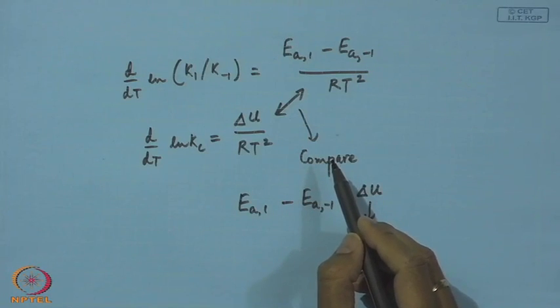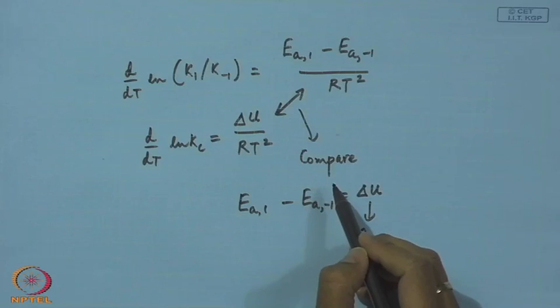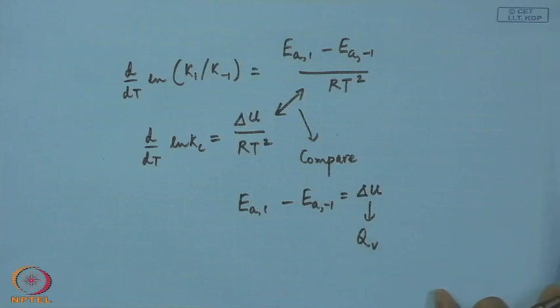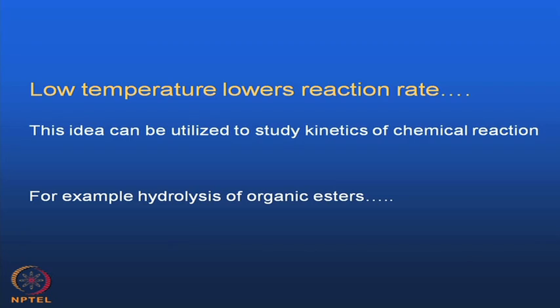Let us move on to some other experiences. What is the utility of this temperature variation? The idea is that if you reduce the temperature, your rate will be reduced a lot.